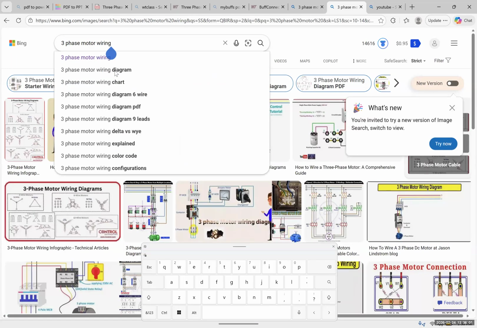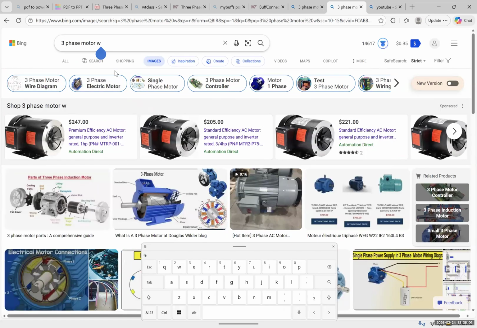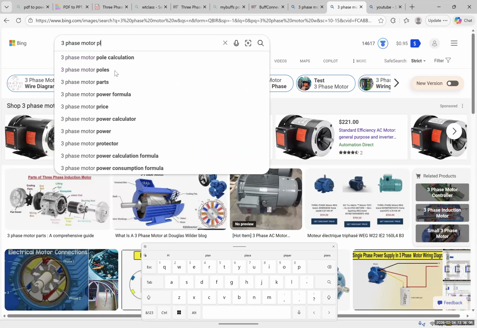Let's go to the diagram itself. Let me see if I can find one of them.